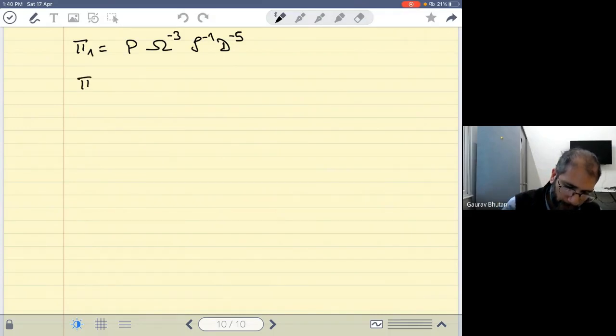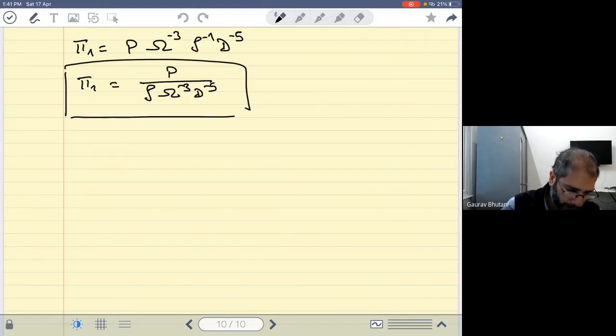Okay, so this pi 1 can also be written as a fraction. So p upon rho omega minus 3 d minus 5. So this in fact has a name, it is called the power coefficient Cp.